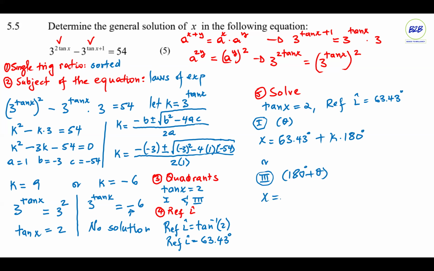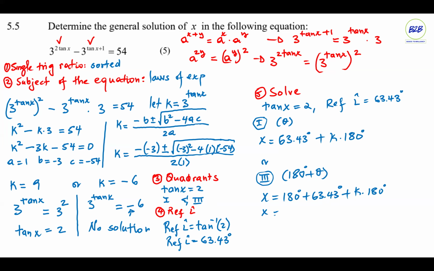Then our answer is x equal to 180 degrees plus theta, which is 63.43 degrees plus k times 180 degrees.